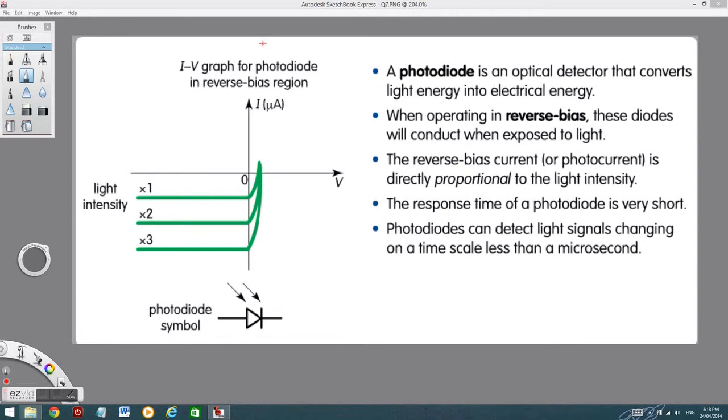So LDRs, the light-dependent resistors, are just variable resistors. You can just treat it as a variable resistor. But the photodiodes are a little bit different.